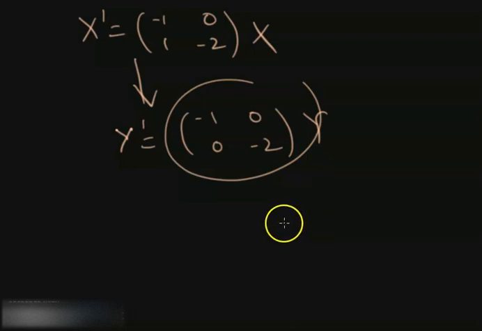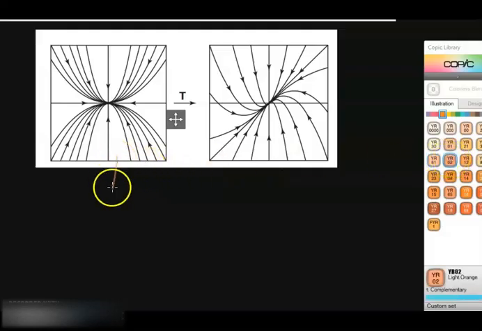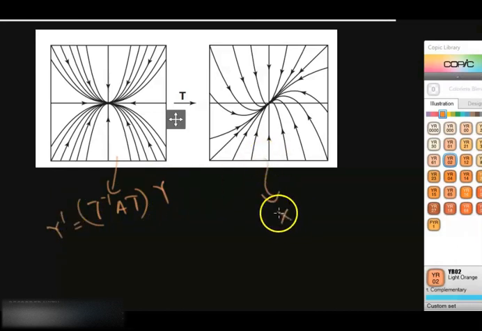And what is going on on the graphs, let's show on the phase portrait. So here, this is the graph for y prime equal to T inverse AT y, and this is the graph for x prime equal to Ax, where A was given by [-1 0; 1 -2].